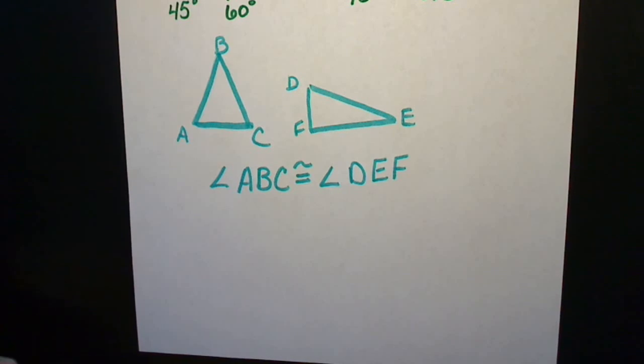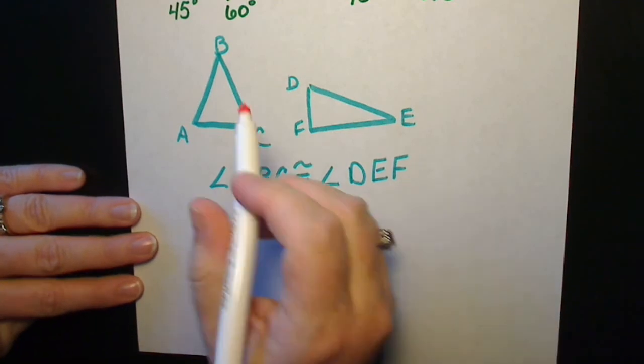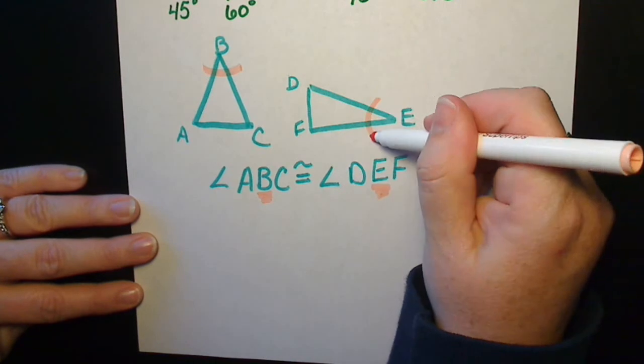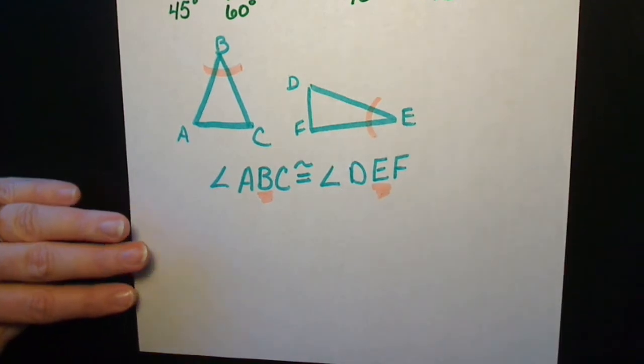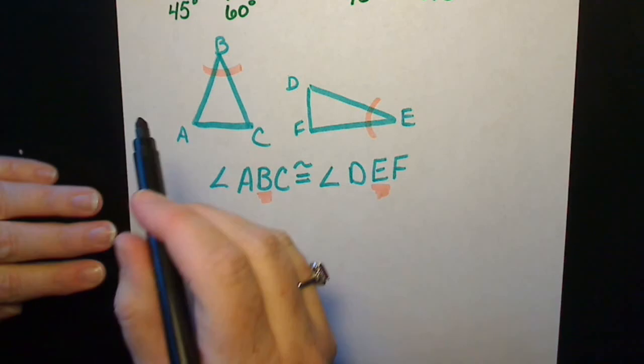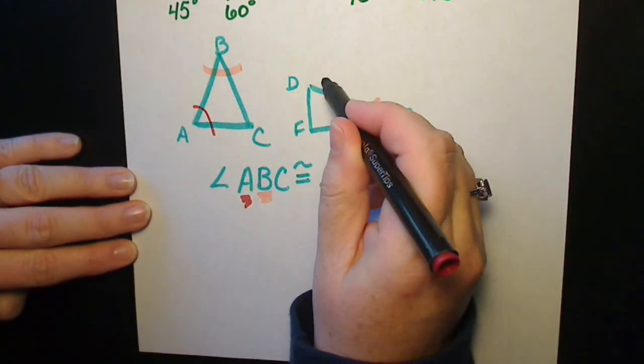What that basically is telling you is this angle is in the middle, so it's here. And this angle is in the middle, and it's here. So those two angles have the same measurement. Another example would be angle A is first, angle D is first.